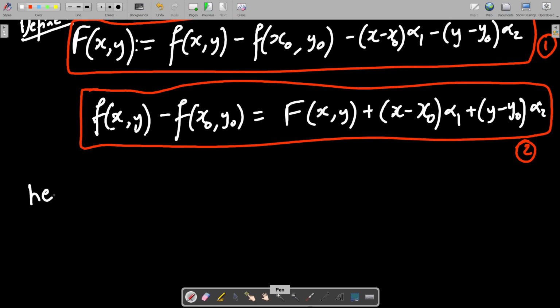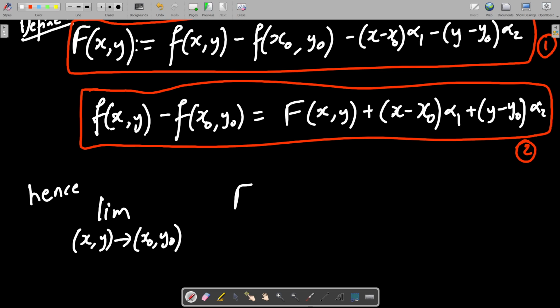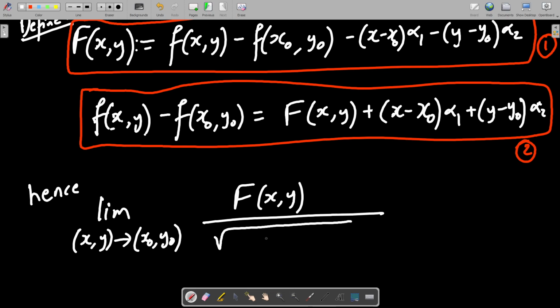One thing which follows from this is hence the limit of (x, y) tending to (x naught, y naught) of f of (x, y) over the square root of... okay. So this you get.